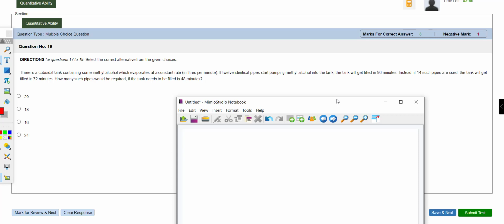Now let's say the evaporation rate is x liter per minute, and y liter per minute is the pumping rate. So in 96 minutes, 12 times y minus x is the total work.